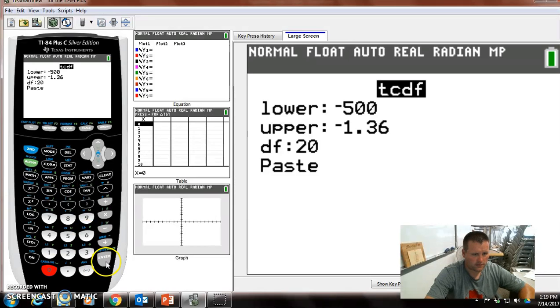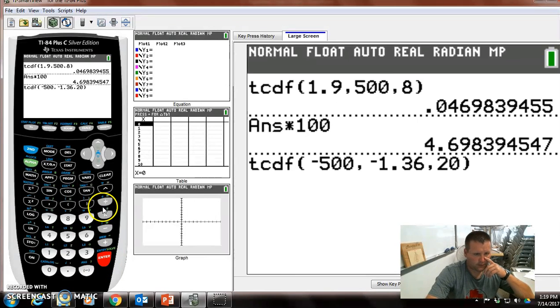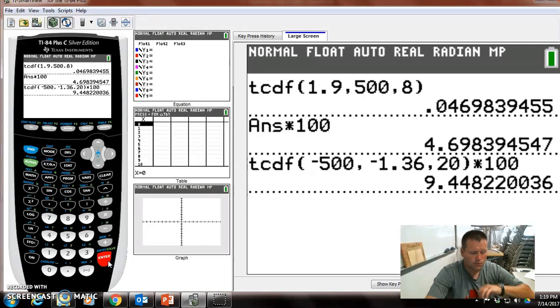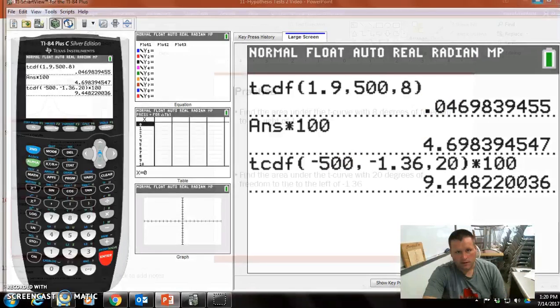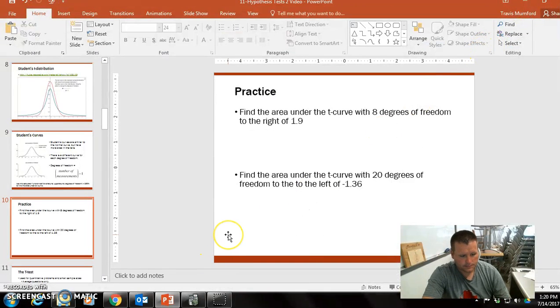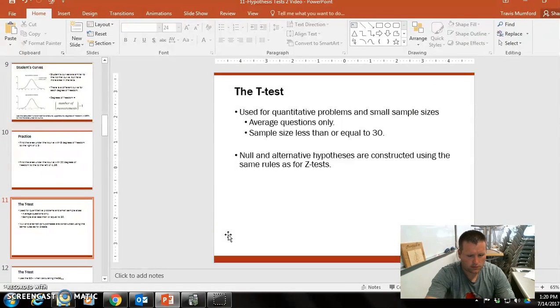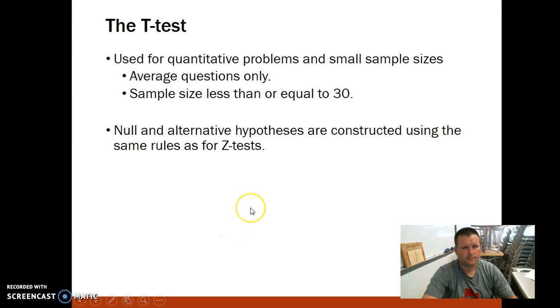Again, these were the two that I just did, just showing you on the calculator. Hit enter. If you want to times it by 100 before, you can. And we get 9.45. So that's how you get that done on your calculator there. All right, so hopefully you guys are good with that. We're using that instead, okay?